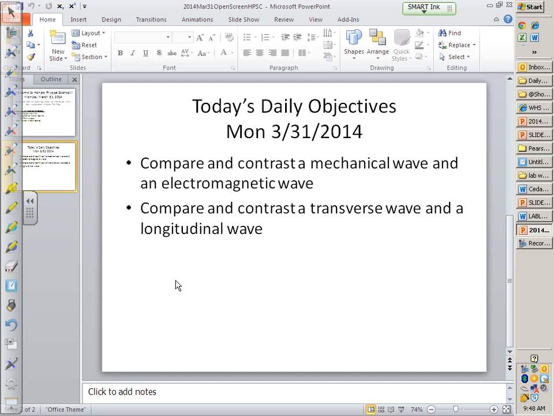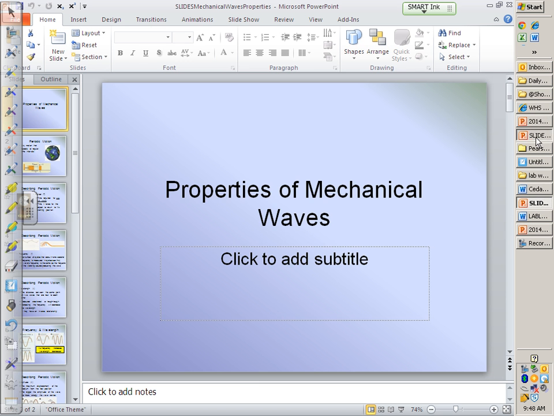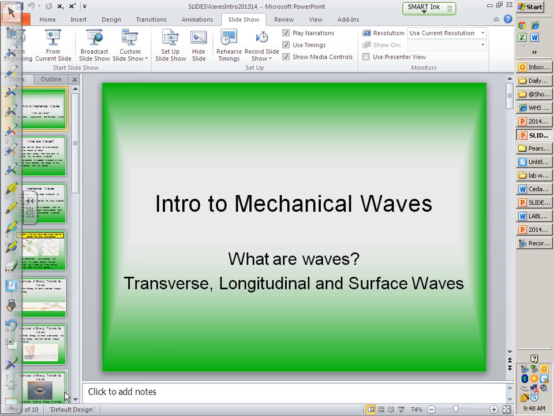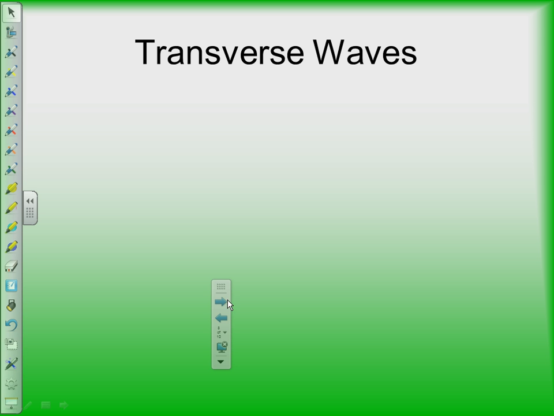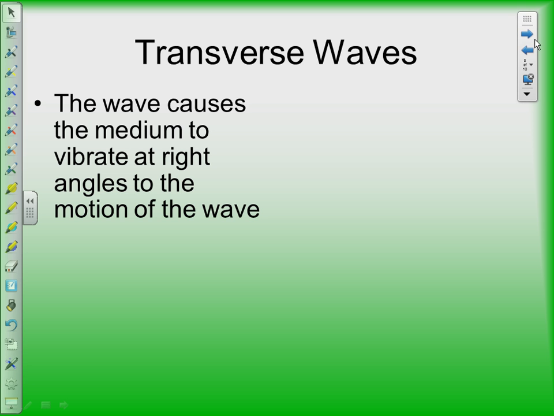So let's discuss that a little bit more. So transverse wave. As we've established already, this is the back of your outline from yesterday, so if you didn't get it all filled in on your own, you want to fill it in now. Okay. So, transverse wave. First, like the definition says, the wave causes the medium to vibrate at right angles to the motion of the wave.